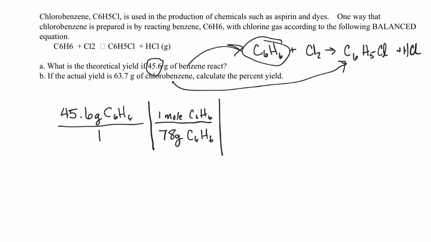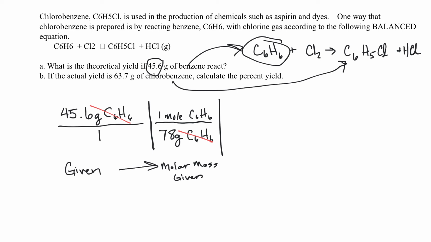All right, so now we see our grams of benzene cancel, and we're left with moles of benzene. And now we'll do our mole-to-mole ratio. From our given, we're going to use the molar mass of the compound that's given that we start with.